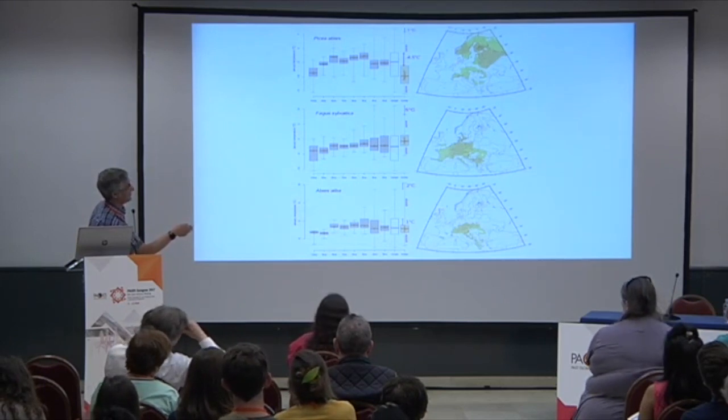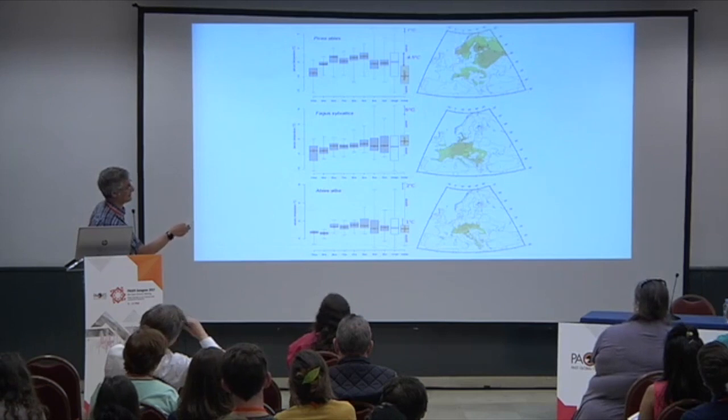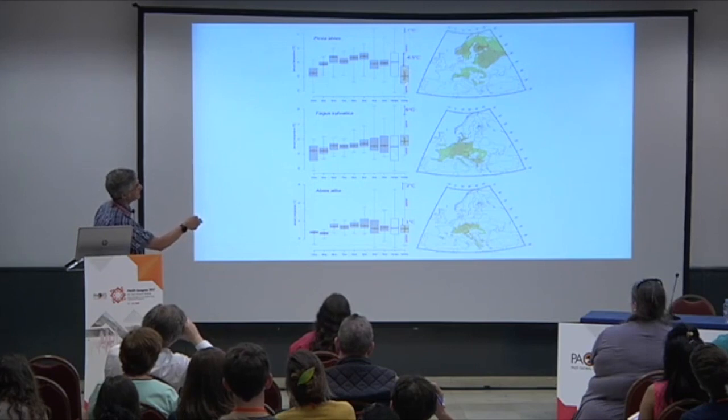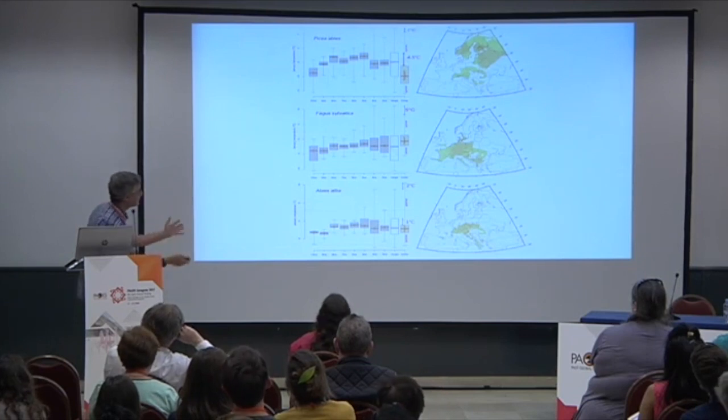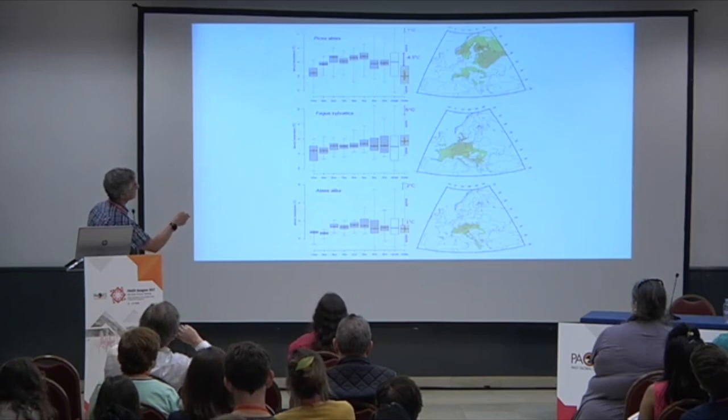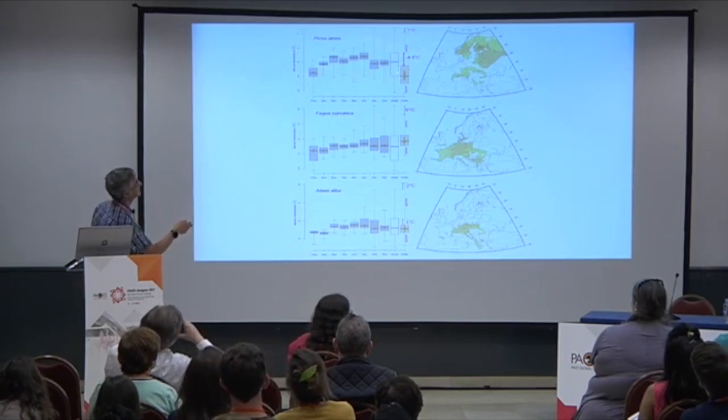Orange is where the species dominates, and yellow is the part where the species occurs. Say this is okay. The orange part is between 25 and 75% of the climate distribution of the species. To sum up, in fact, we see that there are major shifts in the species distribution. And just to talk about one species, so I won't take that long.